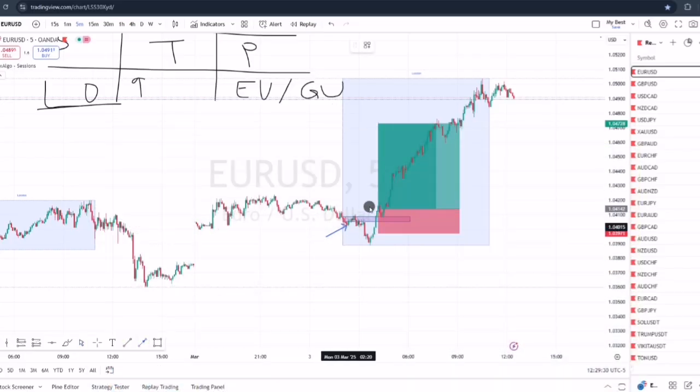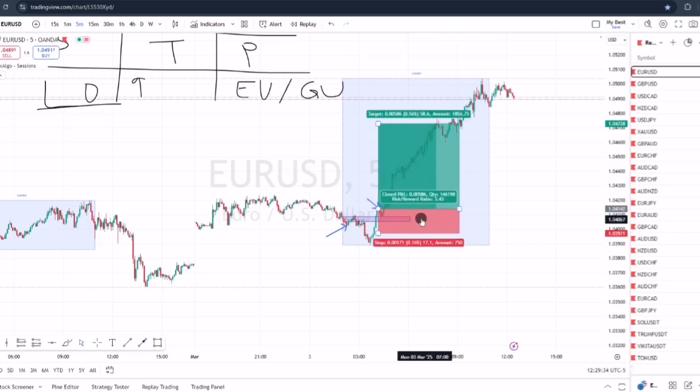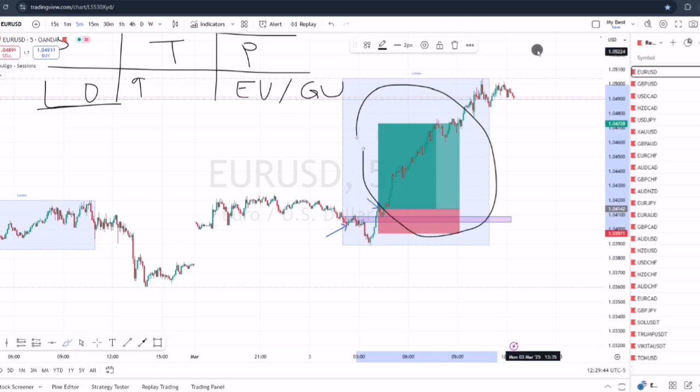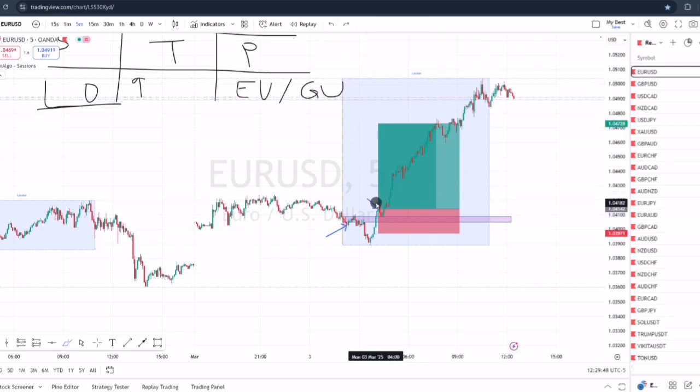It then came to close above this key level that you have drawn. So this becomes your guiding mark, but all of that you do within the London session. When price came to close above, we closed the sell, took a buy, and that was it.